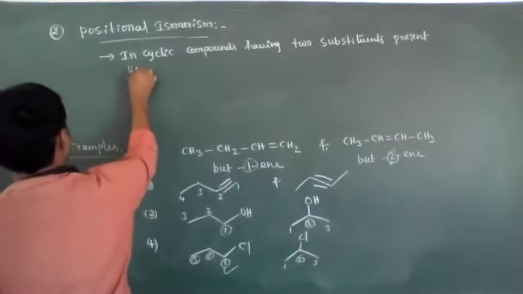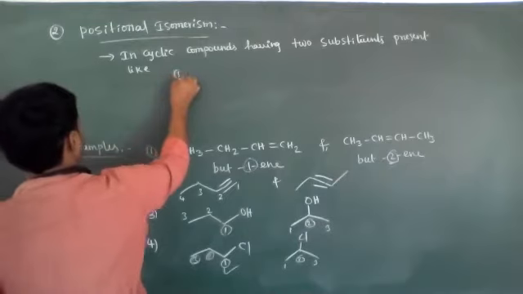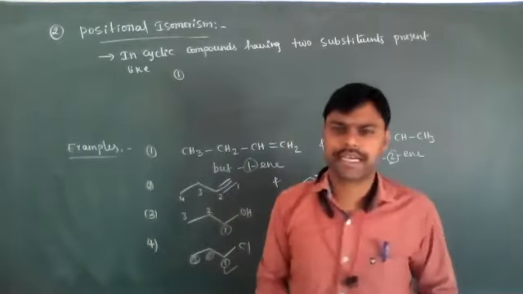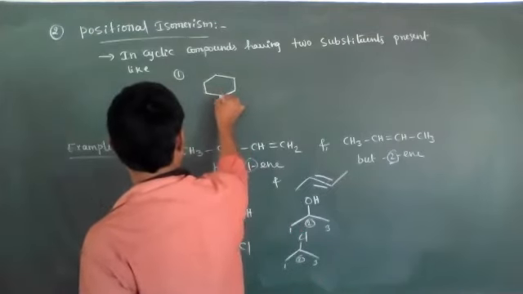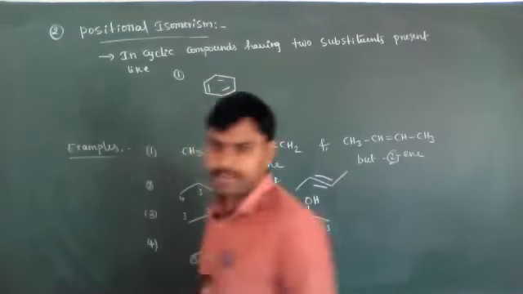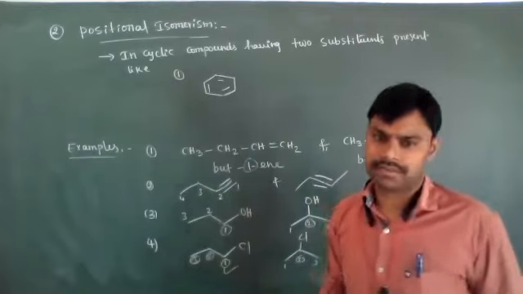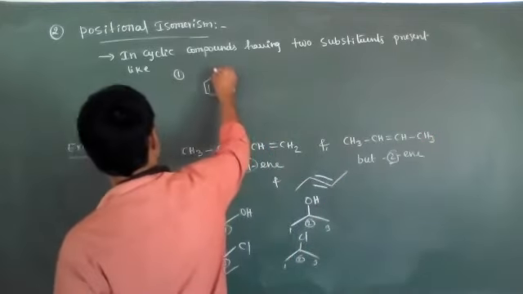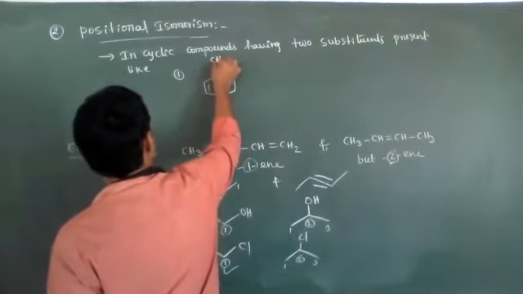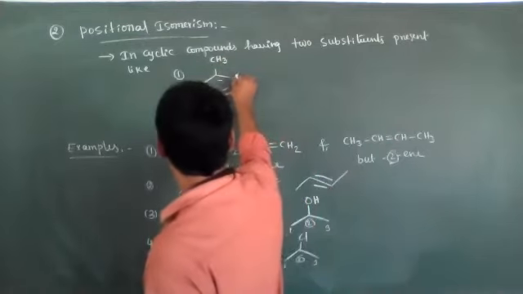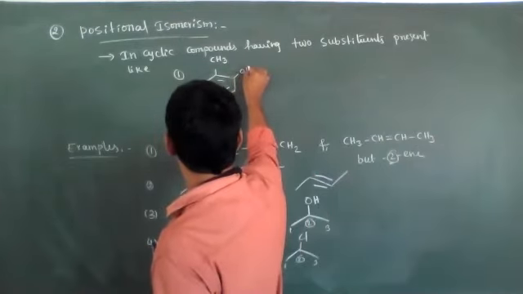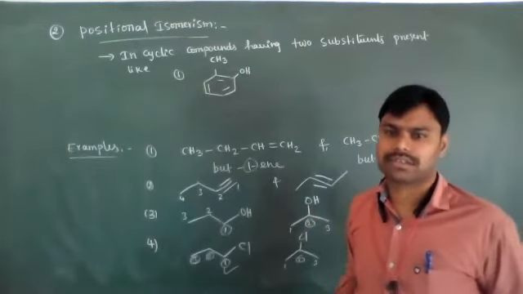Like the first one, let's see, take benzene. Okay, students, benzene means a 6-membered cyclic ring. Now this benzene has one CH3 group and one OH group present. These compounds are called cresols.